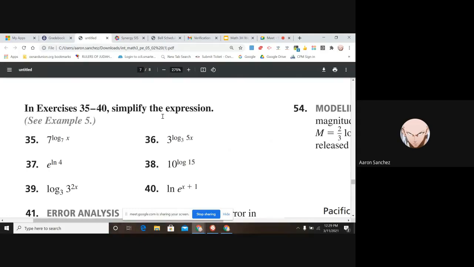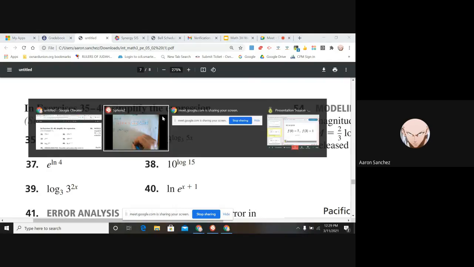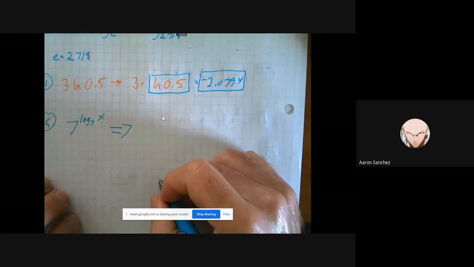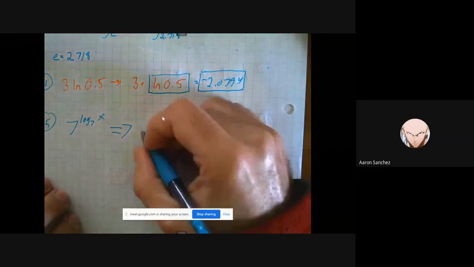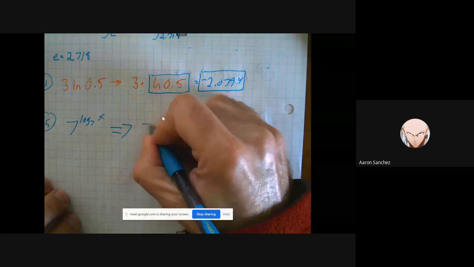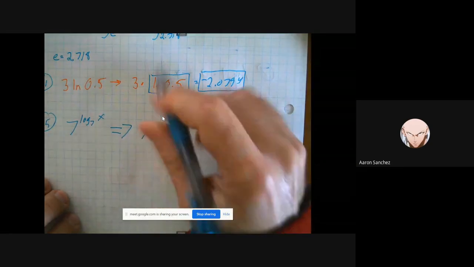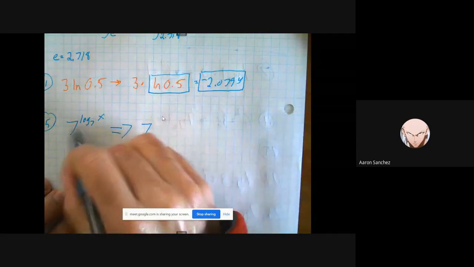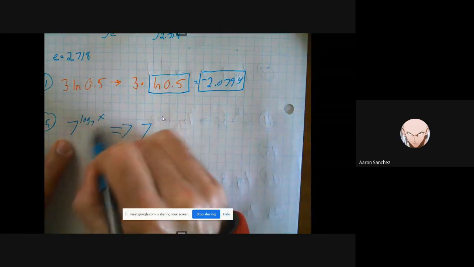If you look at 35, let's write it in log form.